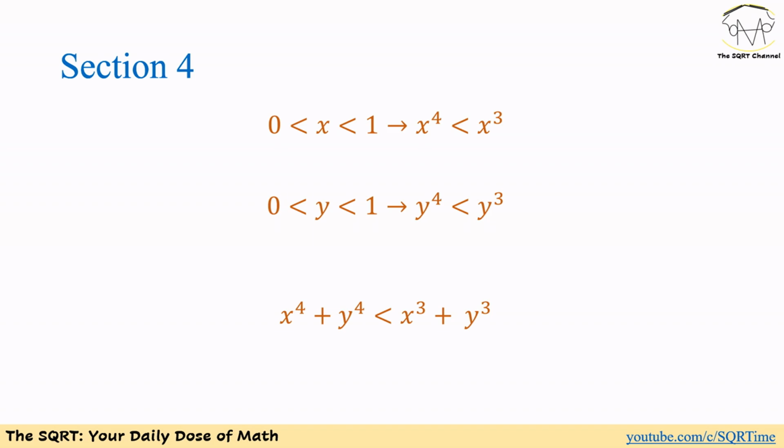If you add them together, we will end up with x to the power of 4 plus y to the power of 4 is going to be less than x to the power of 3 plus y to the power of 3. And remember, both of these values were 1 in the original set of equations that we have in the problem. So this cannot be true as well.